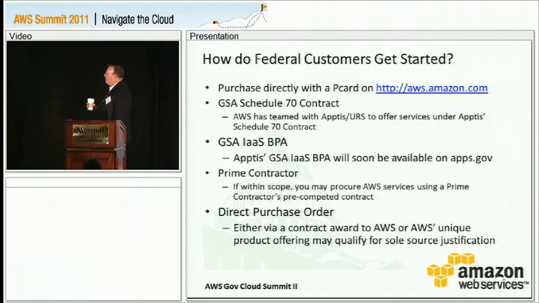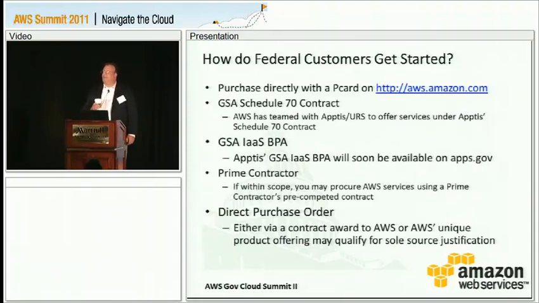So we partnered up with Aptus and URS, who's our partner. They're here and sponsoring the event as well, to get listed under their GSA IT70 schedule. And so that's one way to purchase. The GSA's Infrastructure as a Service BPA, so this is apps.gov. And so that's another option that you have in terms of a purchasing vehicle.